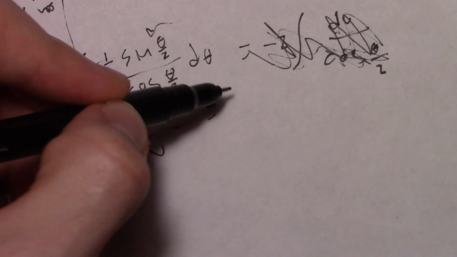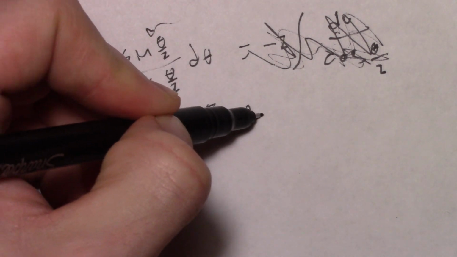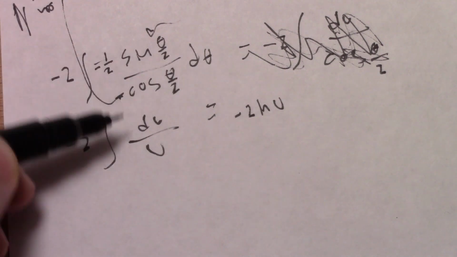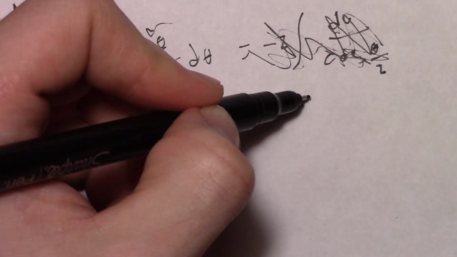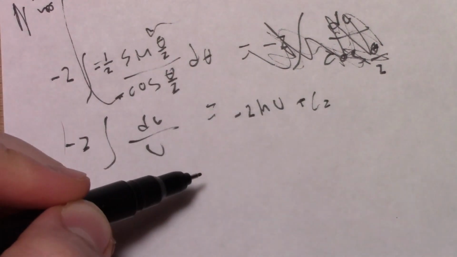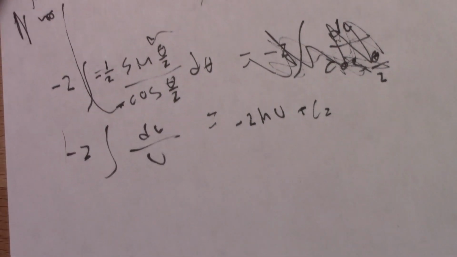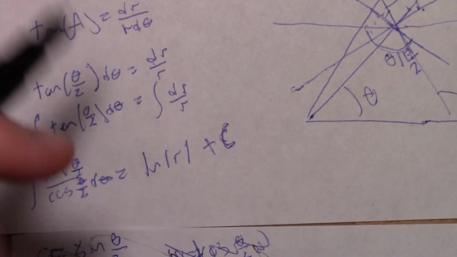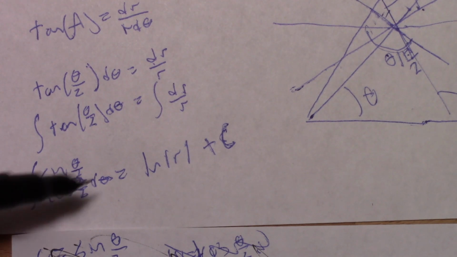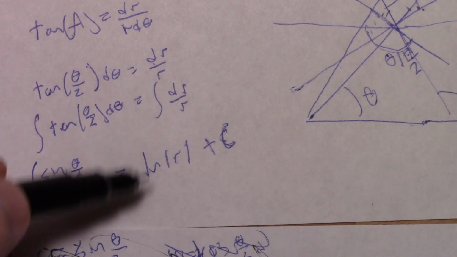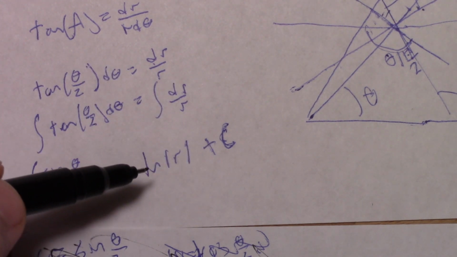Well, what it equals is negative 2 ln u plus C2. And this equals this, which is ln r plus C.